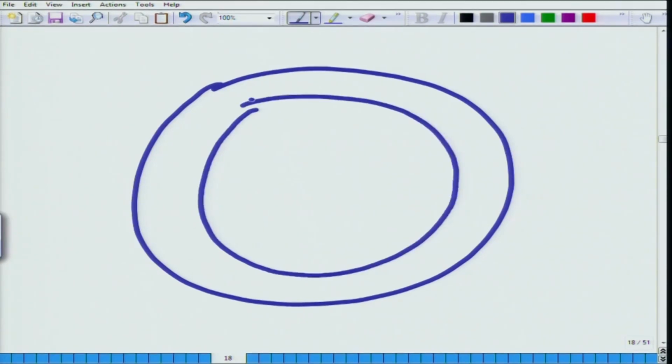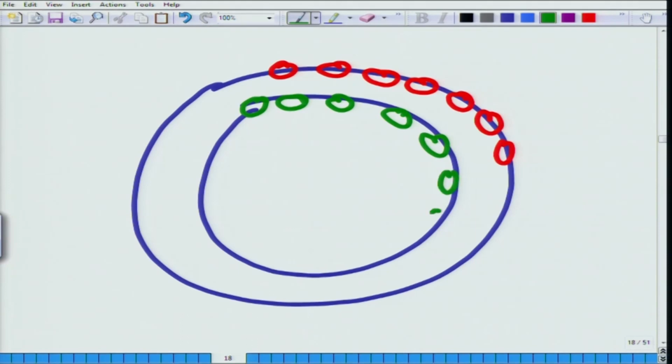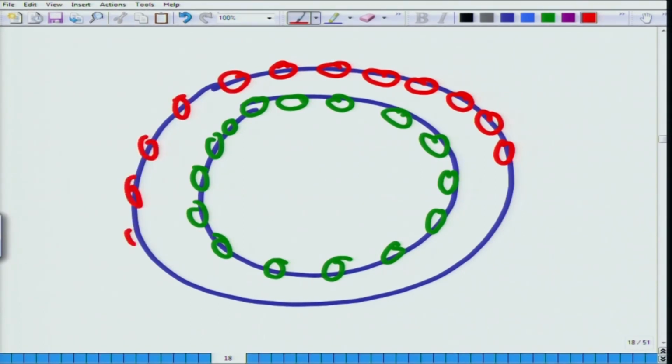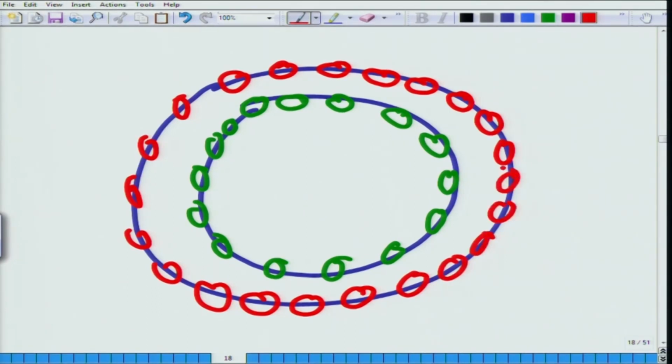If I again redraw the membrane, and these are the polar head groups outside and these are the polar head groups of the lipids inside, and here you have the tails. Just for simplicity's sake, I am not drawing the full thing.